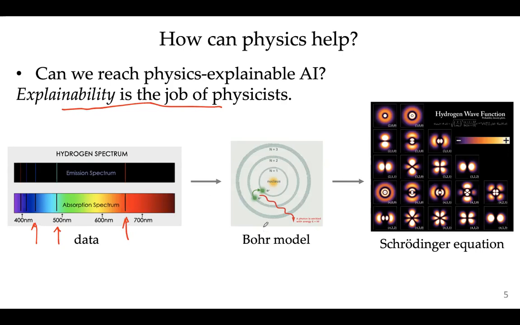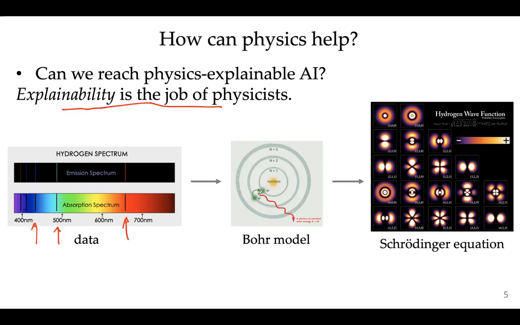Then came Bohr. He proposed a model where there are orbit-like regions where the electrons can be, and they can move between these special places, but not in between. When they move, the energy difference would correspond to the absorbed or emitted light.